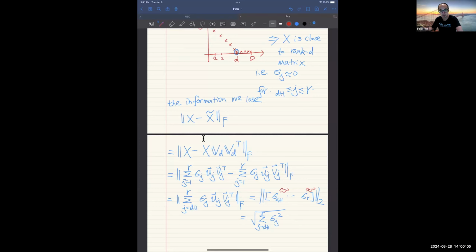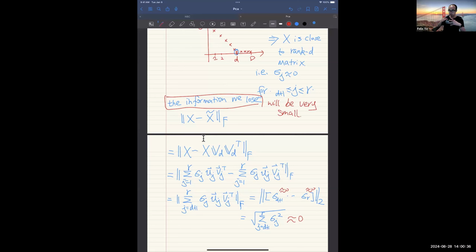Then the square sum, then the square root of all the remainder singular values, will also be very close to 0. So if x is close to a rank d matrix, then the information that we lose will be very small.